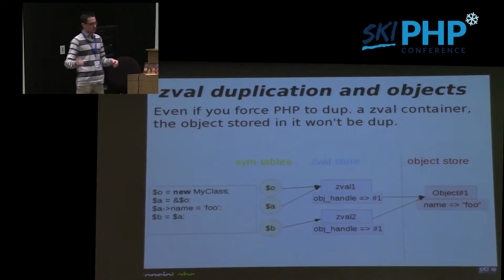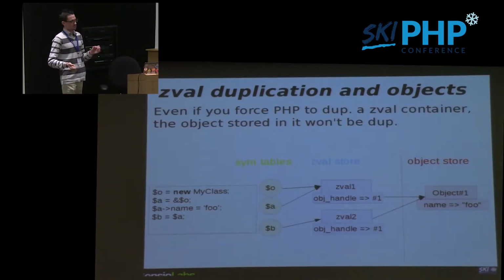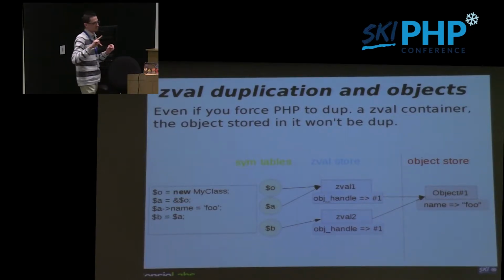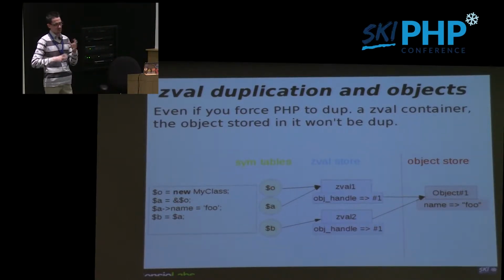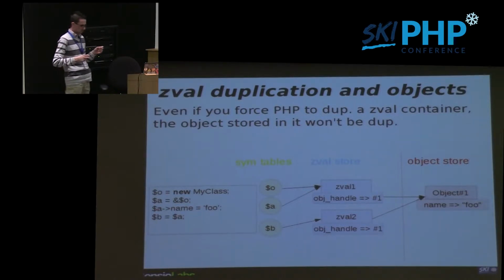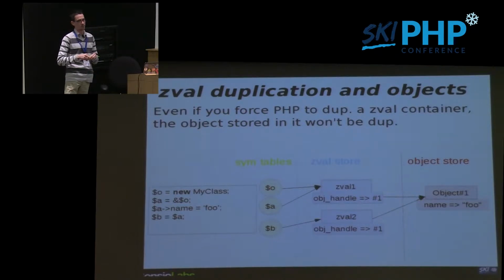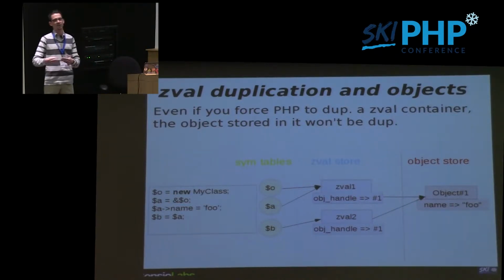So whenever you use references, you see that here you have two zvals because I used a reference, so I forced PHP at one time to duplicate them because I changed them in some scope. But PHP duplicated only the zval and they still point to the same object internally, which is not the case if it's not an object.